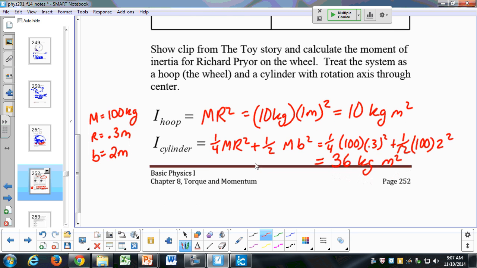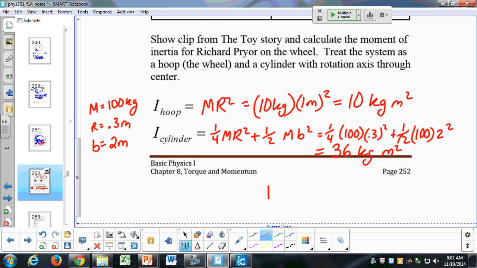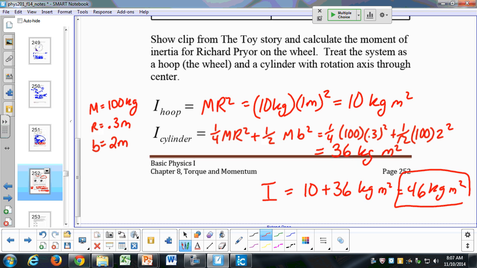Which gives us a total moment of inertia for the whole system of 10 plus 36 kilogram meters squared, or 46 kilogram meters squared. The point there being that if you have two objects that come together, their moments of inertia just add up. Which shouldn't be a big surprise, because moment of inertia is just the sum of mr squared. And so if I add more mr squared, I just add them all up together. It's just a summation.